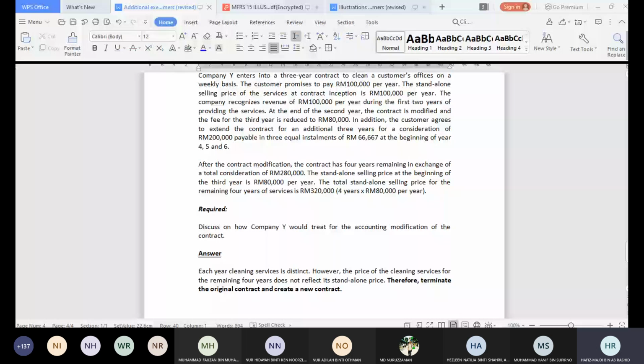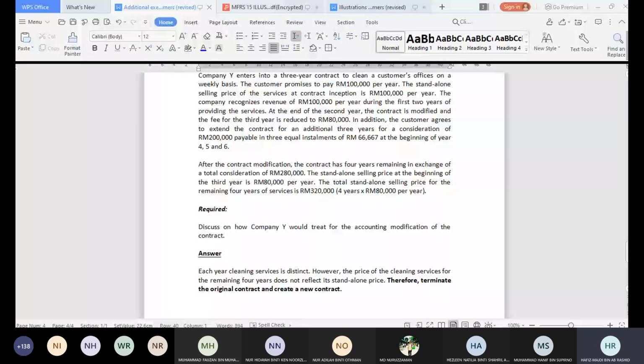Of course, the new contract price is only 280,000, because if you use the stand-alone selling price, it should be 320,000. But it is not reflecting the stand-alone selling price, so you just terminate whatever has been completed for the first 2 years, and for the remaining 4 years, you write a new contract.